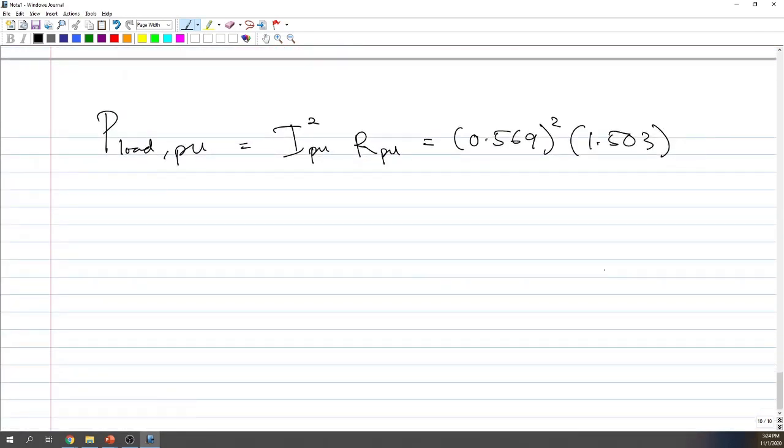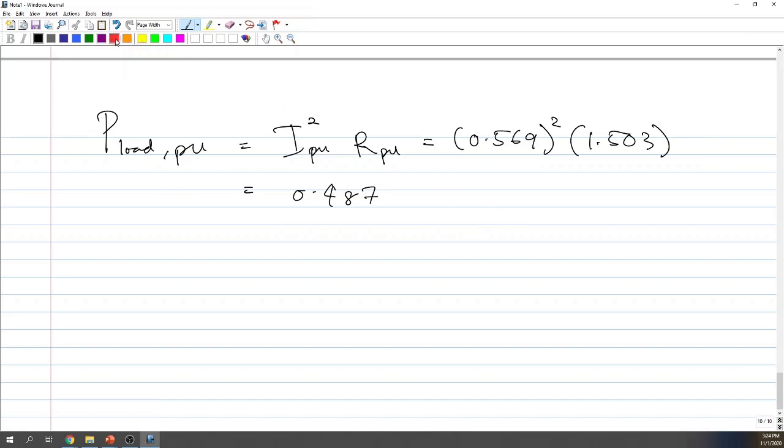Okay, kemudian apa yang kita boleh dapat kat sini adalah 0.487. So ini untuk pilot. Okay, so kita ingat tadi yang dikata quantity per unit.